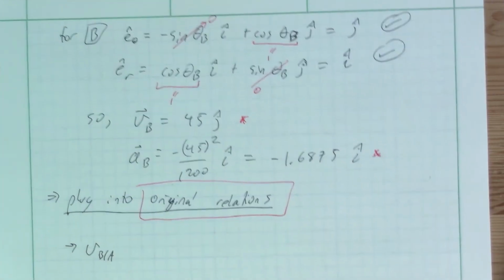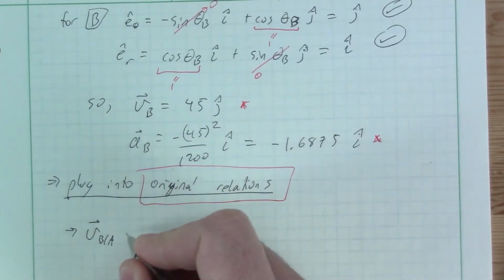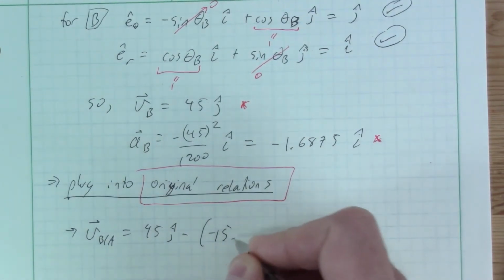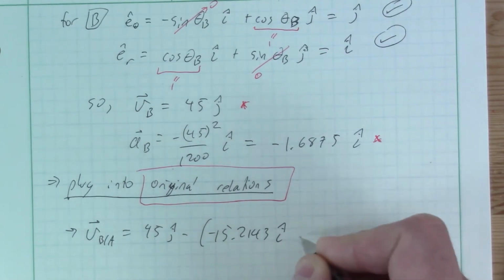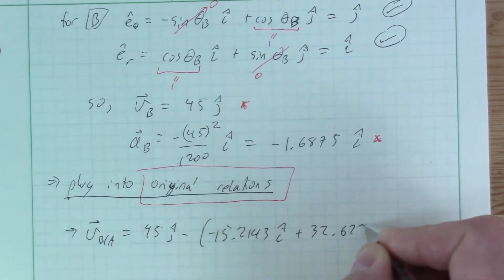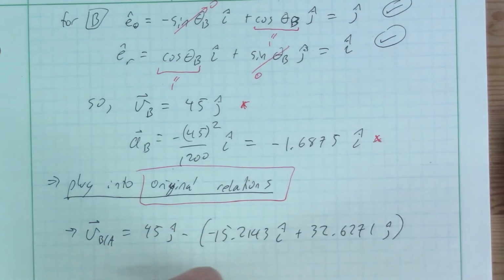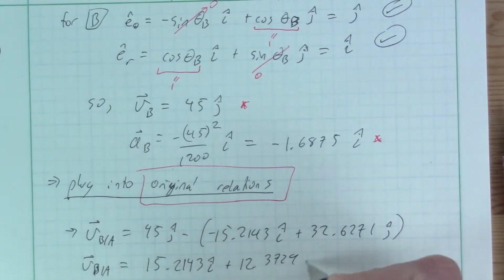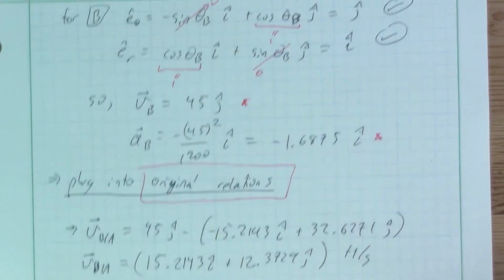V_B/A is then 45 j hat minus negative 15.2143 i hat plus 32.6271 j hat, which is B relative to A's motion, 15.2143 i hat plus 12.3729 j hat. Feet per second are our units.